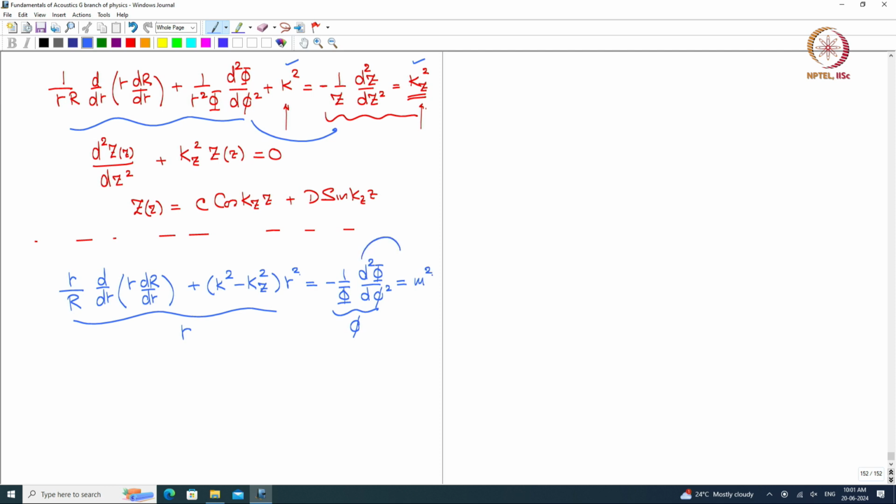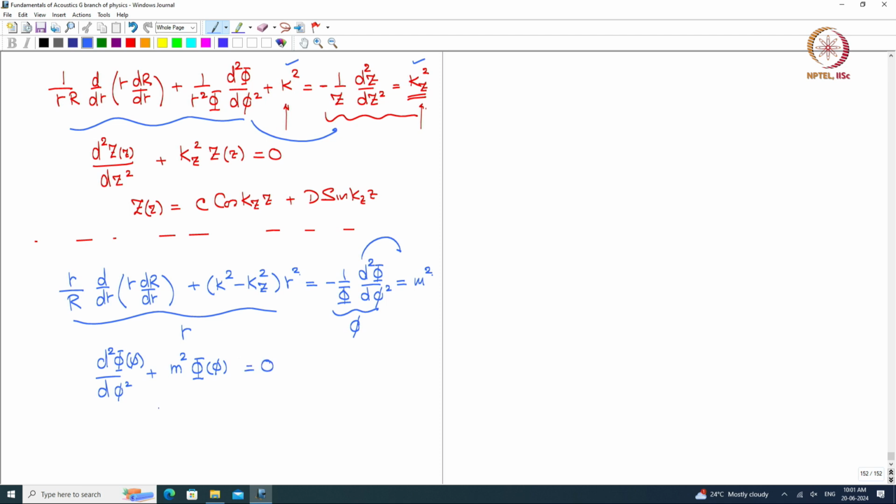Now if we look at these two, I have d2 phi by d phi square plus m square phi of phi equal to 0.